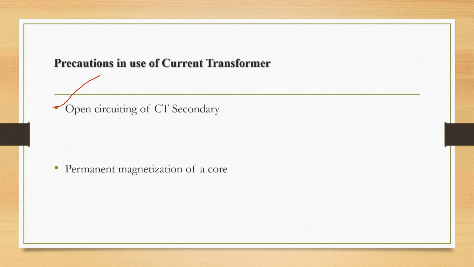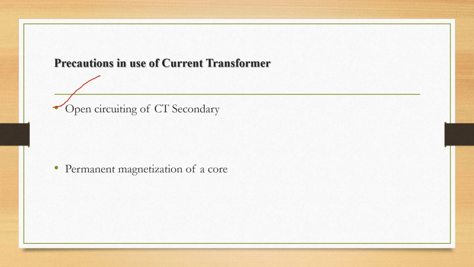So for a CT, it is very sensible not to open circuit the CT secondary. For this reason, care must be taken to ensure that even when not in use for measurement purposes, the secondary circuit is closed at any time when the primary is energized.